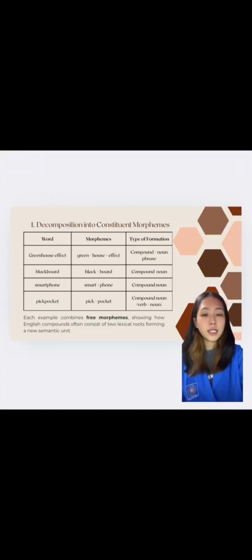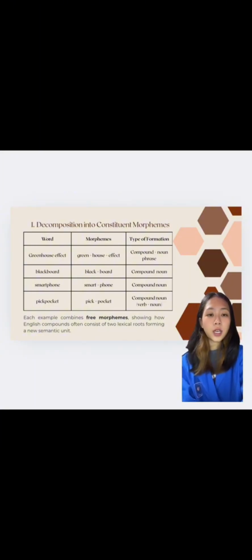Okay, this is the next slide. Number 1, decomposition into constituent morphemes, or morphemic breakdown. This is the table with many examples, and you can see any example in this table too. Each example combines two morphemes, showing how English compounds often consist of two lexical roots forming a new semantic unit.